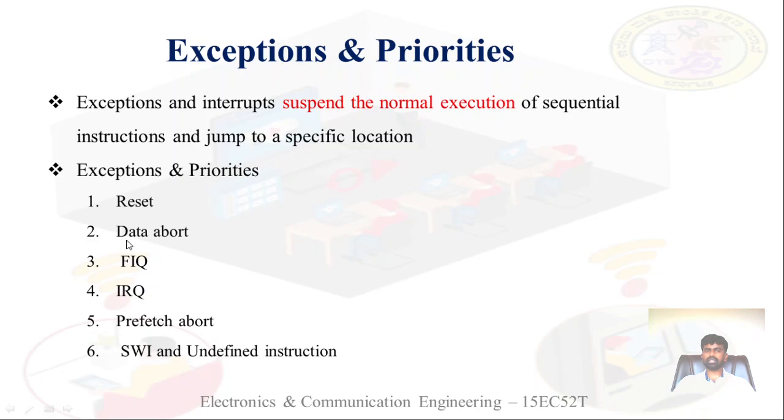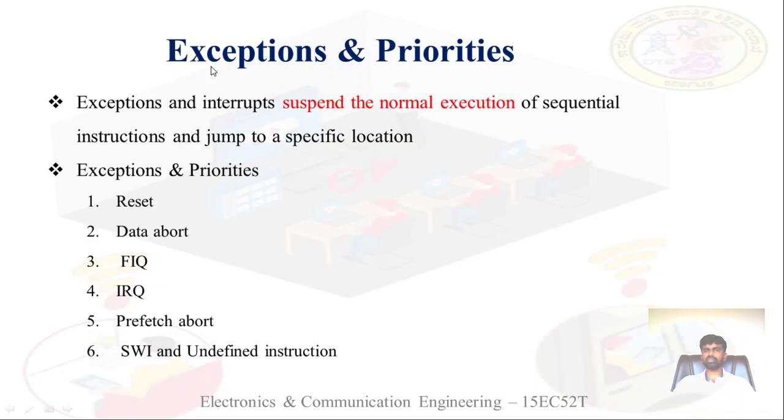First, it handles the data abort exception because it has higher priority than FIQ. Similarly, if FIQ and IRQ occur at a time, the processor handles FIQ first because IRQ has less priority than FIQ, that is fast interrupt request.